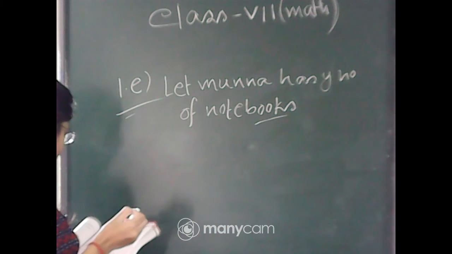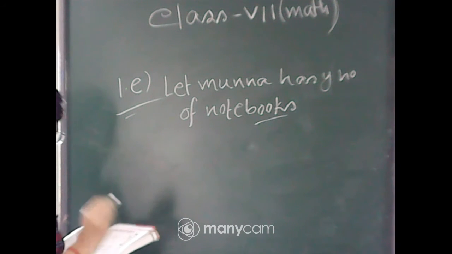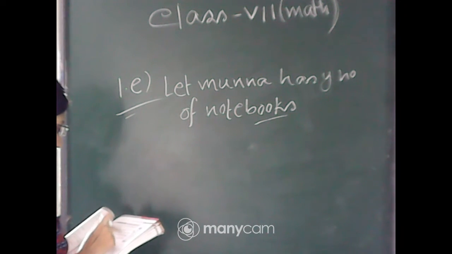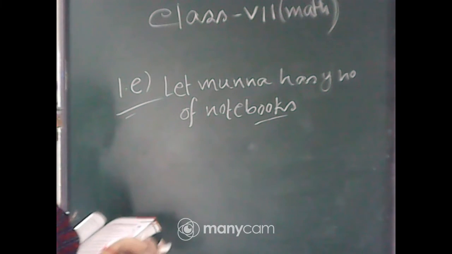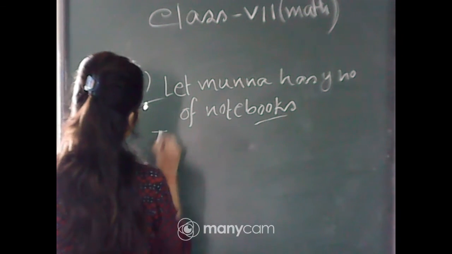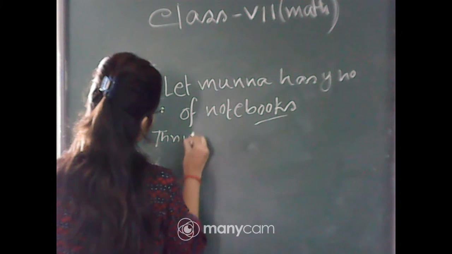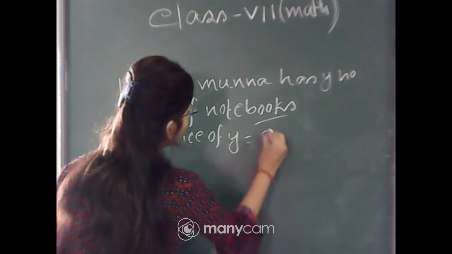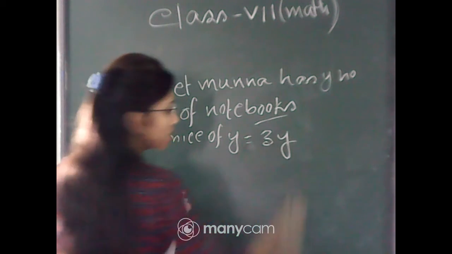Munna subtracts thrice the number of notebooks he has from 50. Thrice of y is equal to 3y, isn't it?